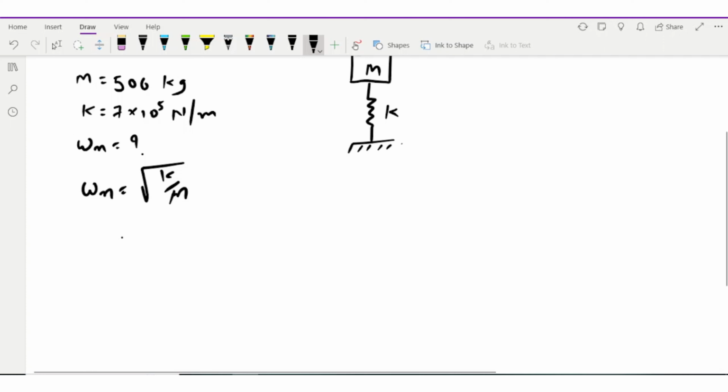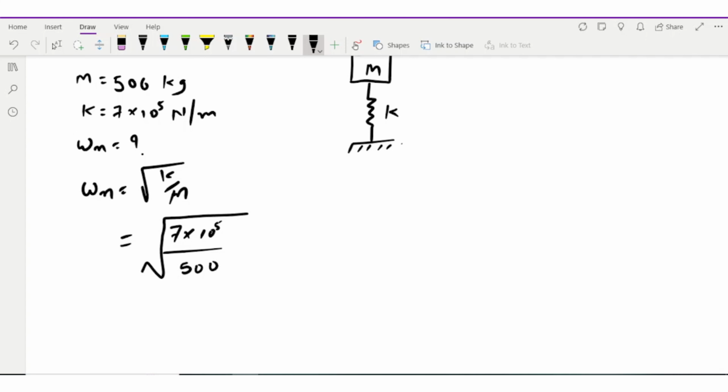So 7 into 10 raised to 5 divided by 500, square root, and it gives us 37.4 radian per second. This is the natural frequency of the given system.